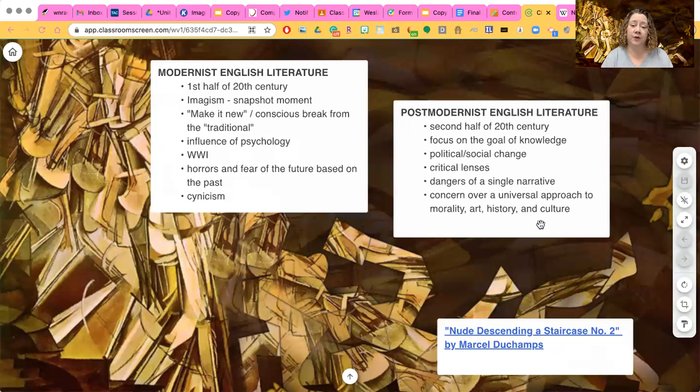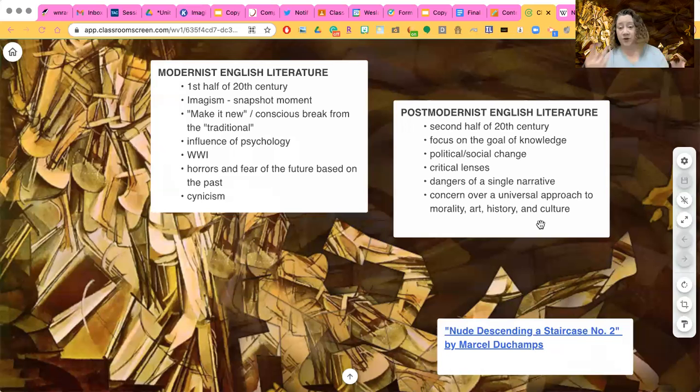There's a concern over single narratives and universal approaches to morality and things like that. In other words, until the 20th century, most of British literature was sort of centered on the male viewpoint, the white male viewpoint, and the Christian viewpoint.